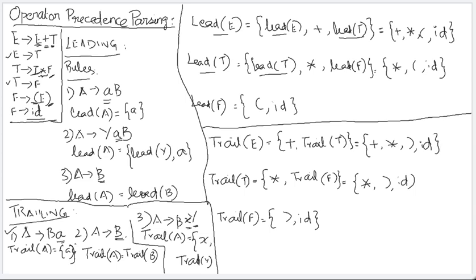So thus we have computed the lead and trail for all the variables in the given grammar. Next thing is we have to derive the operator precedence table. So we have calculated all these values, and now based on the 5 important rules we are going to construct the operator precedence table.